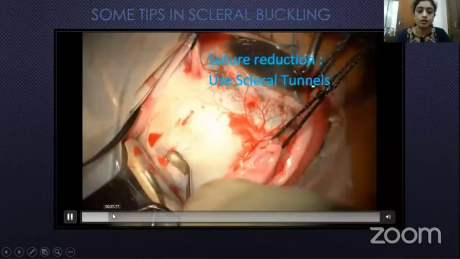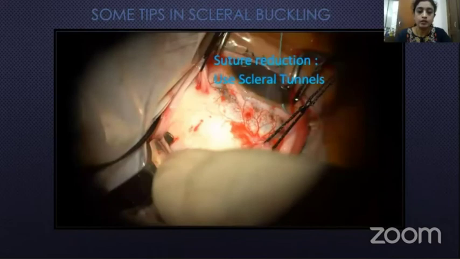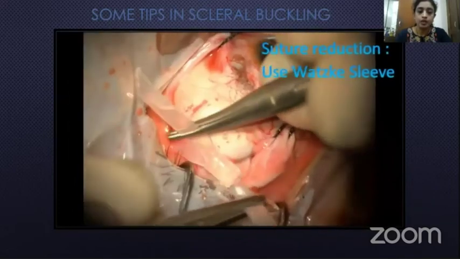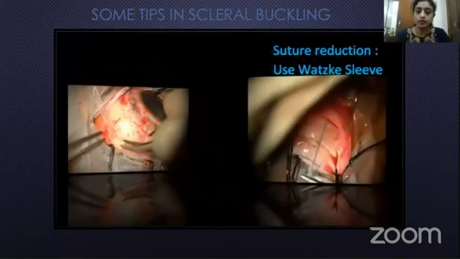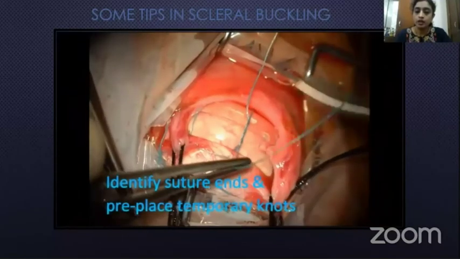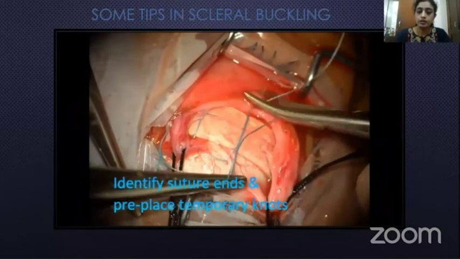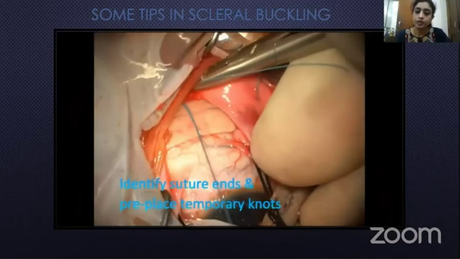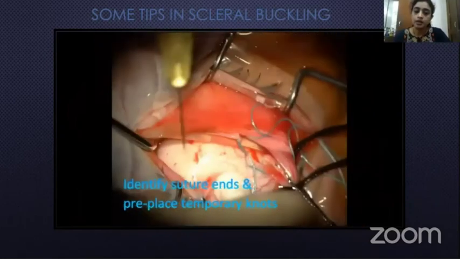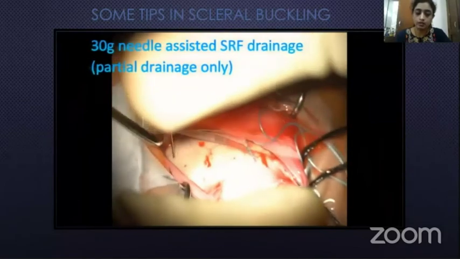This is the scleral tunnel made with a crescent blade, and the belt buckle secured with a Watzke sleeve, and scleral sutures were placed, and then the 279 scleral buckle was placed. A 30 gauge needle was used for drainage of SRF.